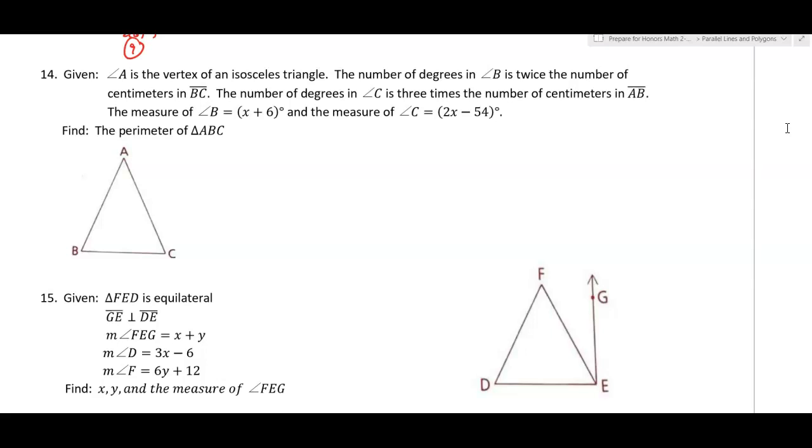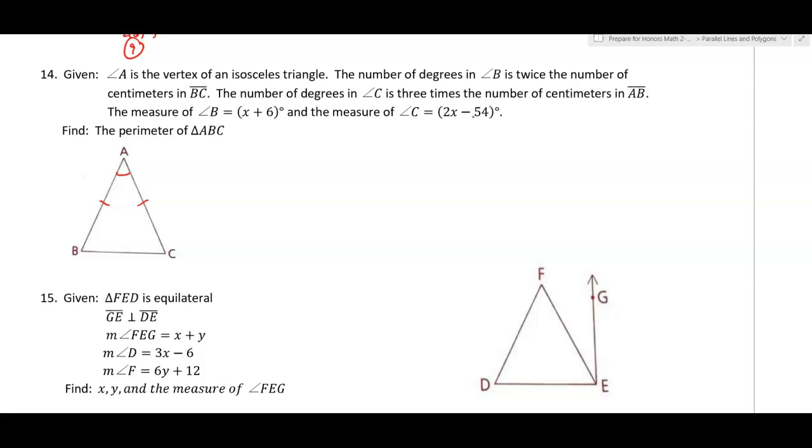14. Angle A is the vertex of an isosceles triangle. So this is the vertex, which means these sides are congruent. The number of degrees in angle B is twice the number of centimeters in BC. The number of degrees in angle C is 3 times the number of centimeters in AB. The measure of angle B is x plus 6, and the measure of angle C is 2x minus 54.